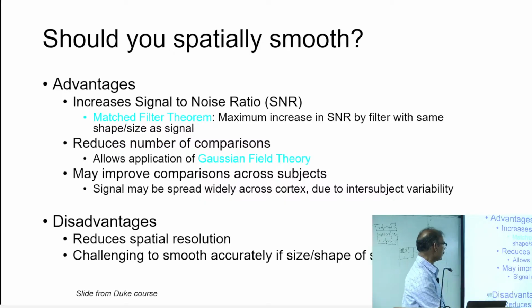So it can give a lot of benefit to the signal, and my signal to noise ratio would increase. Also, when you are using smoothing, it reduces the number of comparisons, because it reduces your degrees of freedom. So whether you're using Bonferroni or another method, it reduces the number of comparisons.